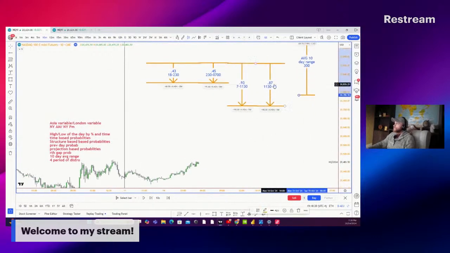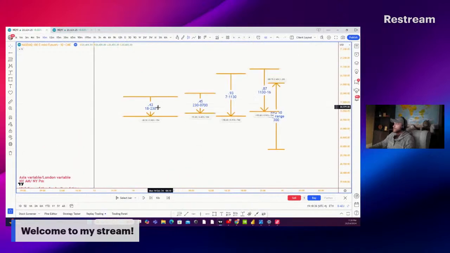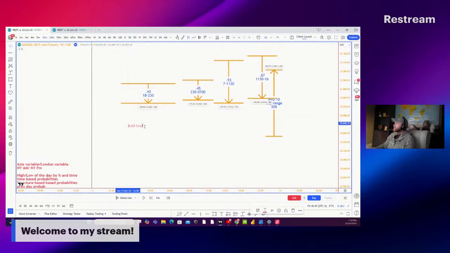So if you're part of the DR community, you guys use 3 different ranges. You use the ADR, the ODR, and the RDR, right? ADR being 1930 to 2030 for the range, and then based off of what price does from 1930 to 02, that's the session.